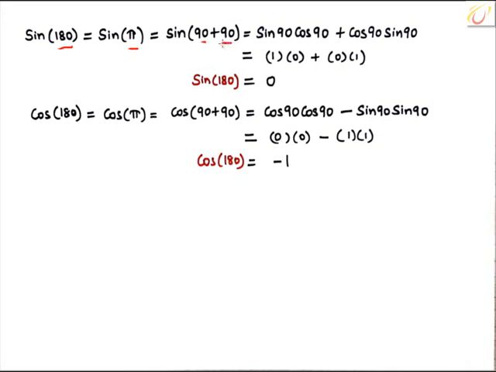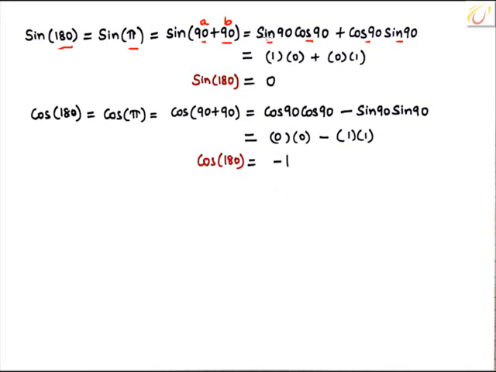So what is our formula? Sin A plus B is sin A multiplied by cos B plus cos A multiplied by sin B. In this case, both A and B are 90. So we will have sin 90 multiplied by cos 90 plus cos 90 multiplied by sin 90.